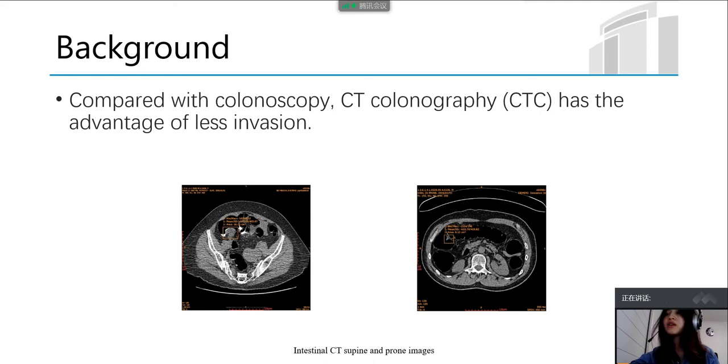Moreover, in medical image processing, a computer-aided system is a universal system to assist doctors to find lesions that may be missed in CT images when diagnosing diseases. From the above, it is meaningful to propose a CAD model for detecting polyps in CTC images.